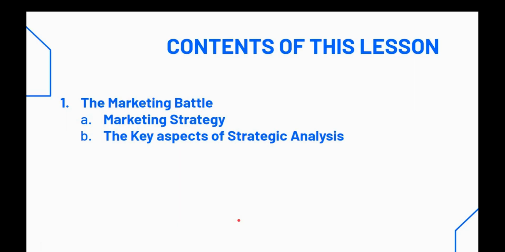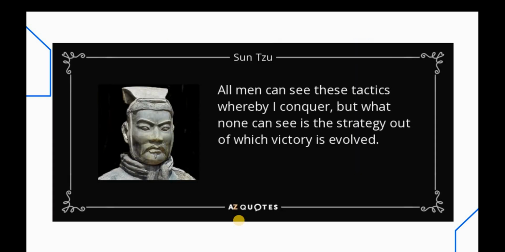In this lesson, we will be covering the following: the marketing battle, marketing strategy, and the key aspects of strategic analysis. So, as I always start my discussions, let's have a quote from Sun Tzu, the author of The Art of War.